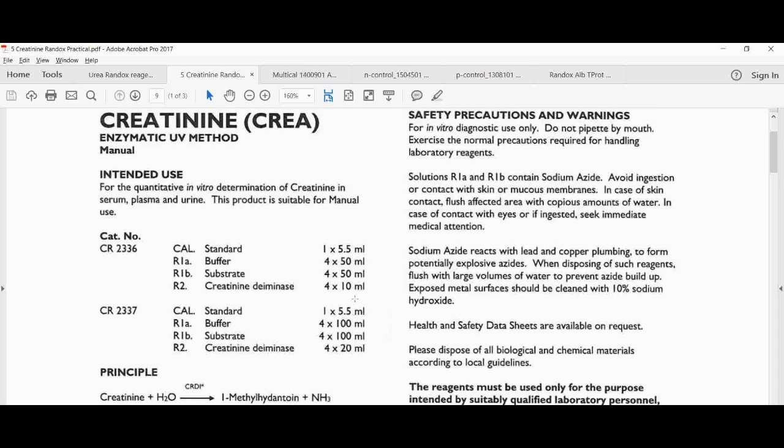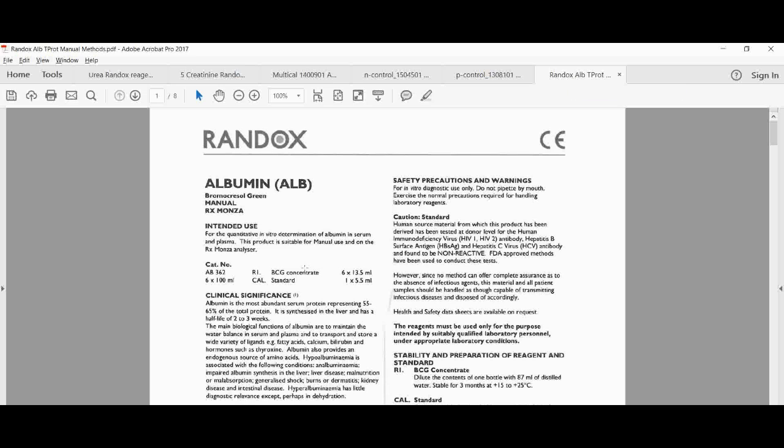So the catalog number just indicates the kit. It is a kit identifier for the manufacturer to label. When you talk about AB362, then he knows exactly you're talking about albumin.